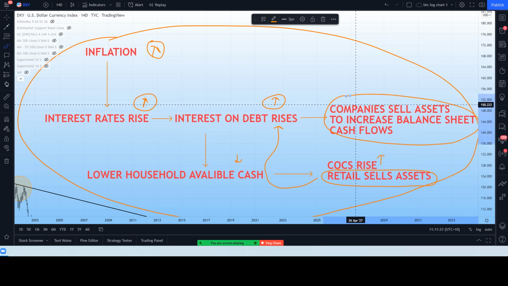The companies have been selling off their assets, and obviously companies acquire a lot of assets on debt. In the last few years, interest rates have been considerably low, 0%, very, very small, and companies have acquired a lot of assets. Property, we're going to talk about property in a second, but stocks, and we've seen the stock market crash, and Wolf just showed you a little bit about that.